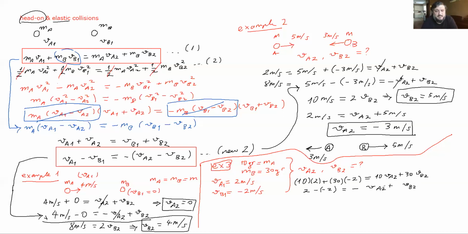All right, so let's solve these now. In the first equation, I can divide everything by 10. All right, let's do that. I'm just going to get rid of these zeros here. Get rid of the zeros only. Okay, so I have only VA2 here. I have 3 VB2s here.